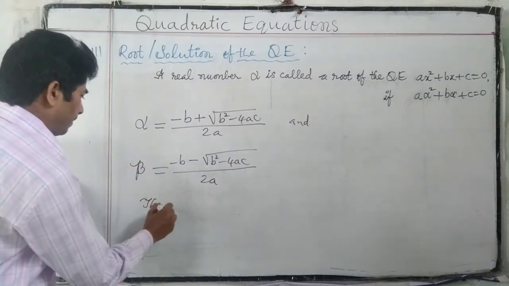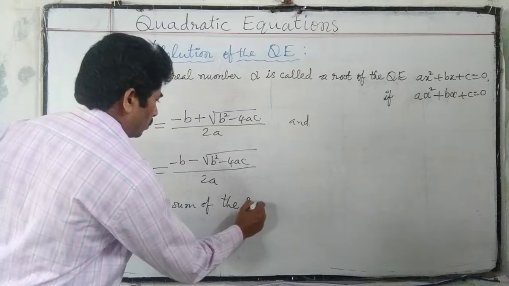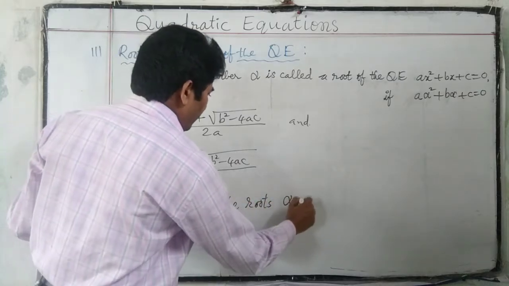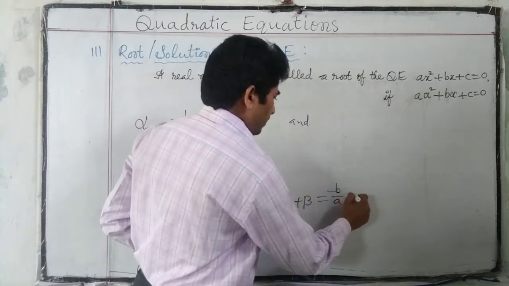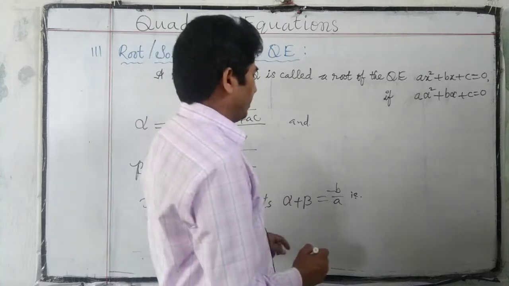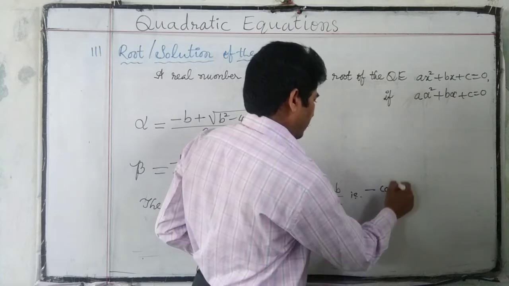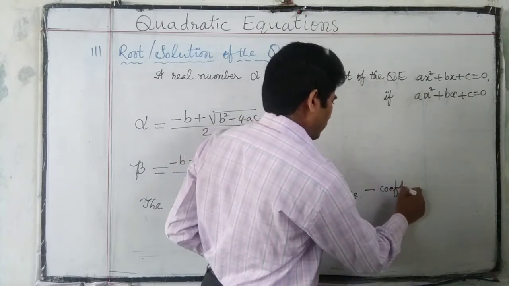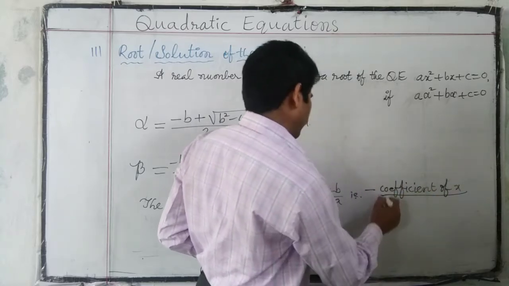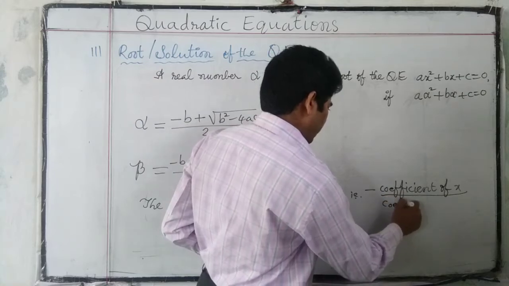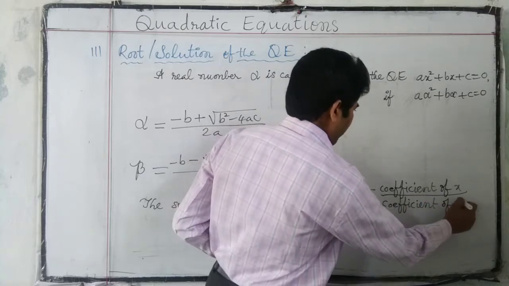The sum of the roots, alpha plus beta, is equal to minus b by a. That means minus coefficient of x by coefficient of x square.